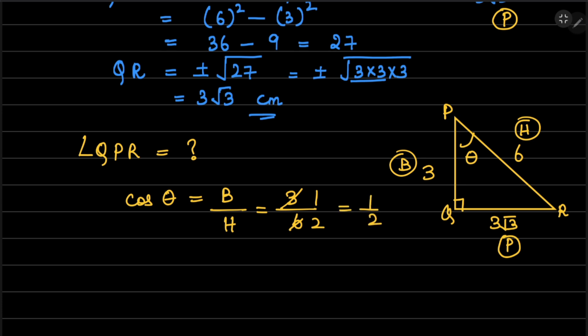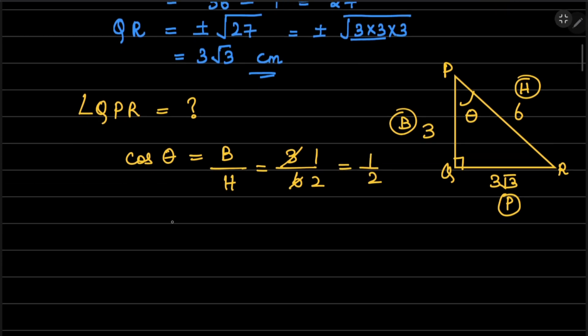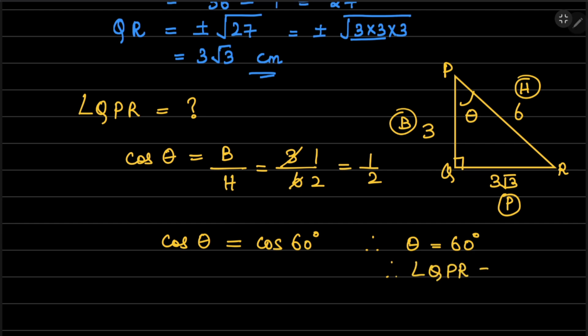If cos theta is 1 by 2, which angle has cos equal to 1 by 2? You should remember the table. The trigonometric ratios of specific angles is something which you have to learn. This is equal to cos 60. So cos 60 is 1 by 2. Please remember it. Therefore, on comparing, we get theta is equal to 60 degree. So you can write angle QPR will be 60 degree.